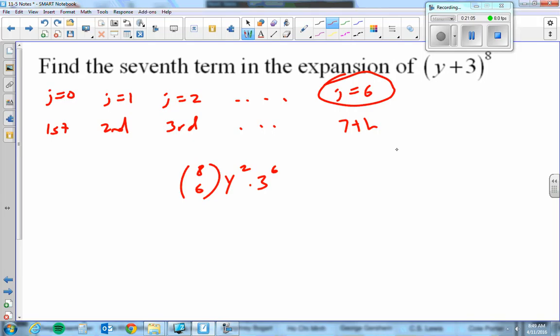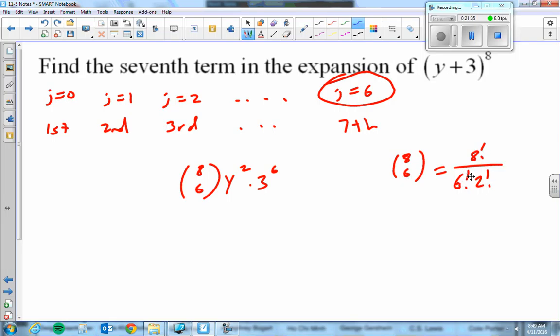Okay? Let's compute that. You need to practice. Like I said, on the assessment, if it's on the chart, you can just look it up. But there'll be ones where you have to compute them, so let's get the practice in. So 8 factorial over what times what? 6 factorial times 2 factorial. Order actually doesn't matter, but it's n factorial over j factorial times n minus j factorial.